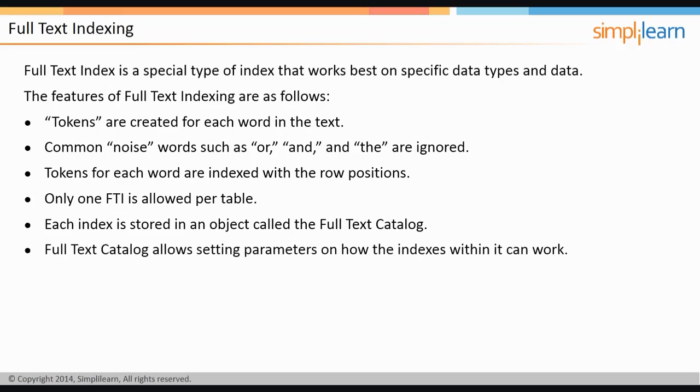This object allows you to set parameters on how the indexes within it can work. For instance, in a particular database, you can create many different FTIs, one each for a different table. However, you might not want each index to be rebuilt the same way.